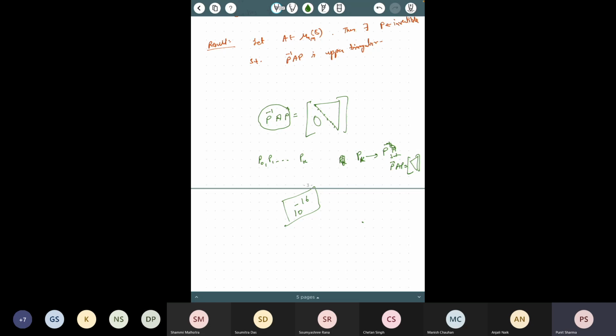So this process of finding P such that P inverse AP is upper triangular is not of much practical use in order to find eigenvalues.